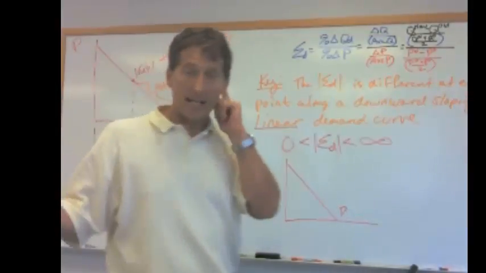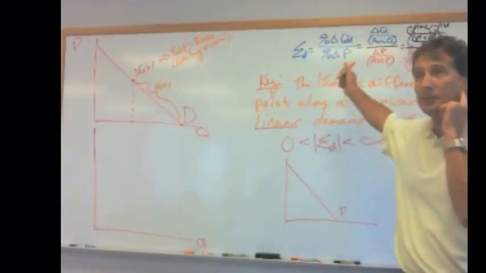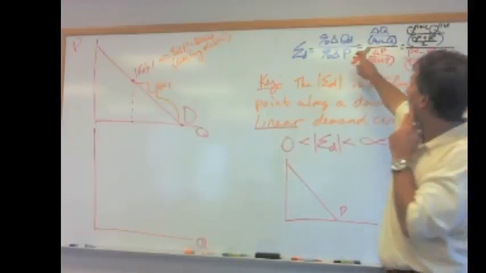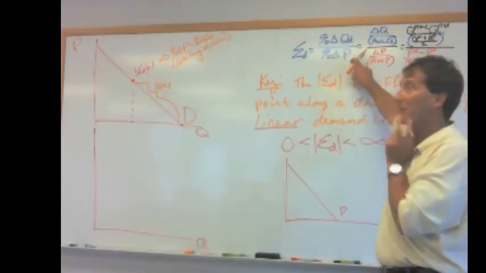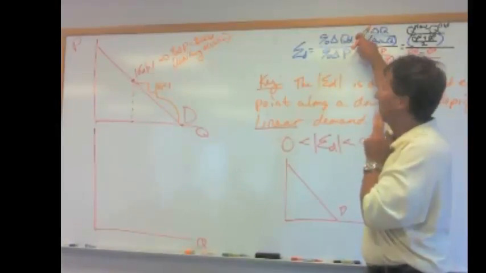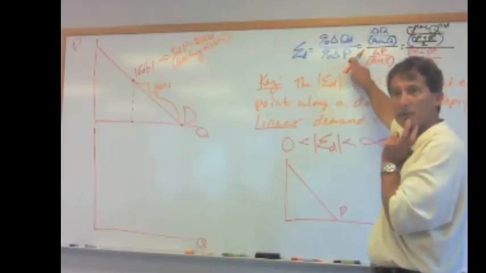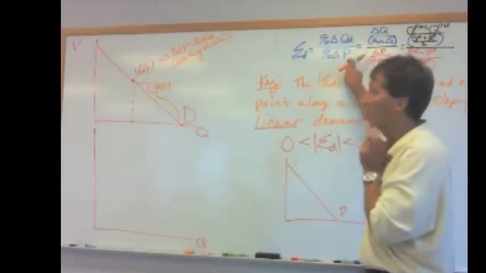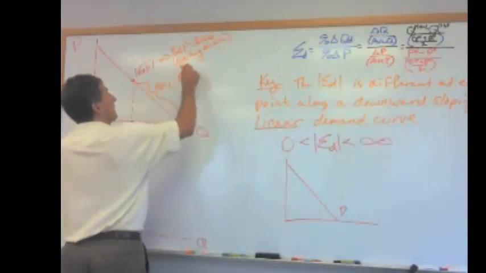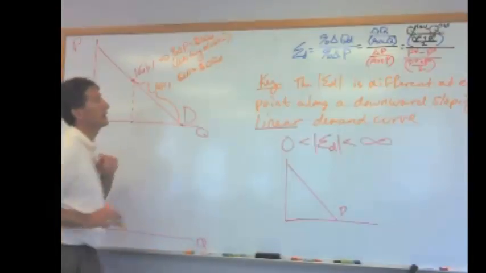If that's the case, what's true about that percentage change business? The downstairs has to be bigger than the upstairs. So the denominator is bigger than the numerator. So if this is 10%, this is 20%, right? So the downstairs number is bigger. So the percentage change in price is greater than the percentage change in quantity demanded.